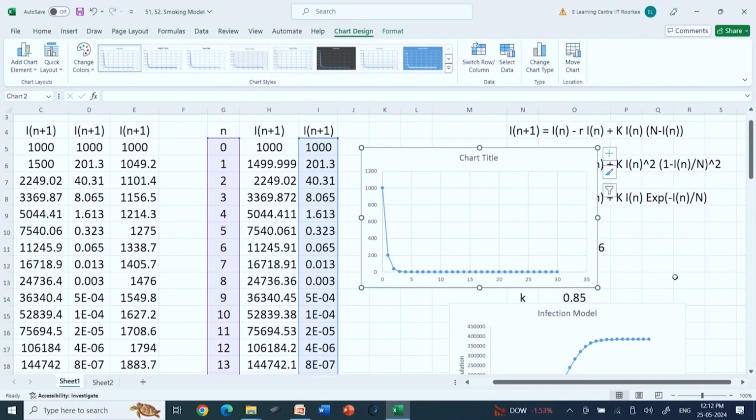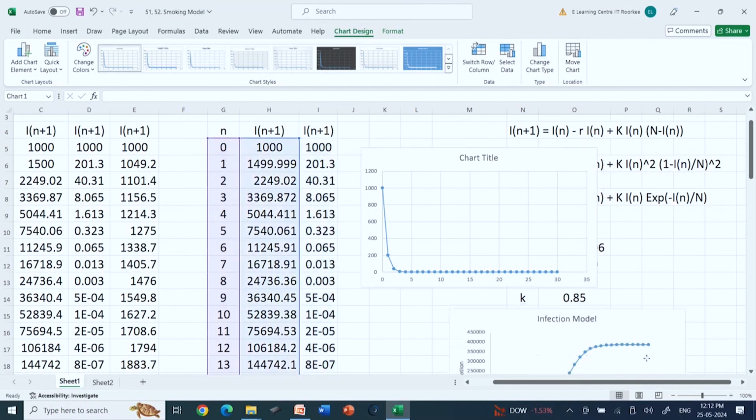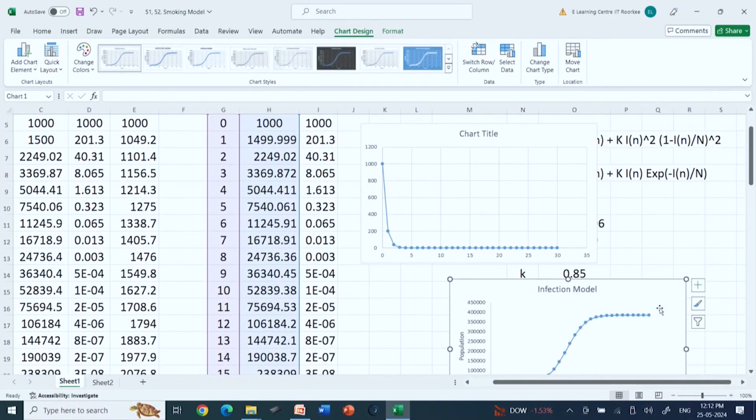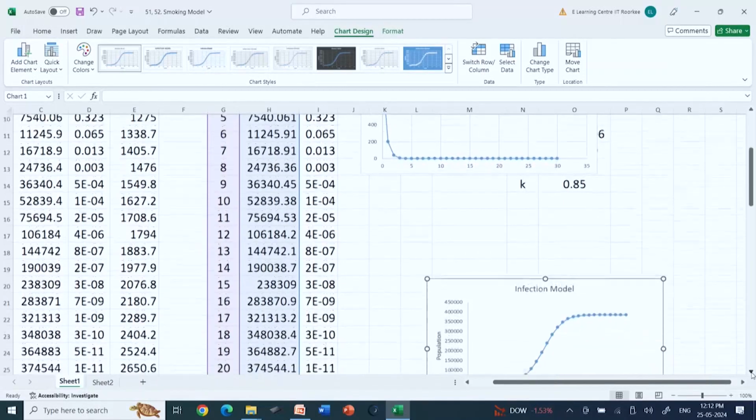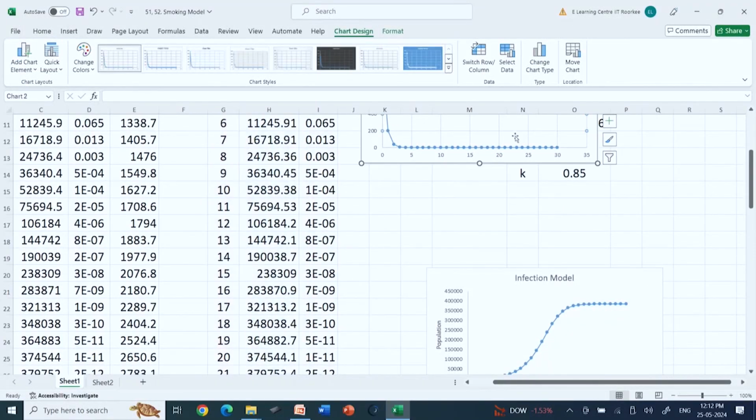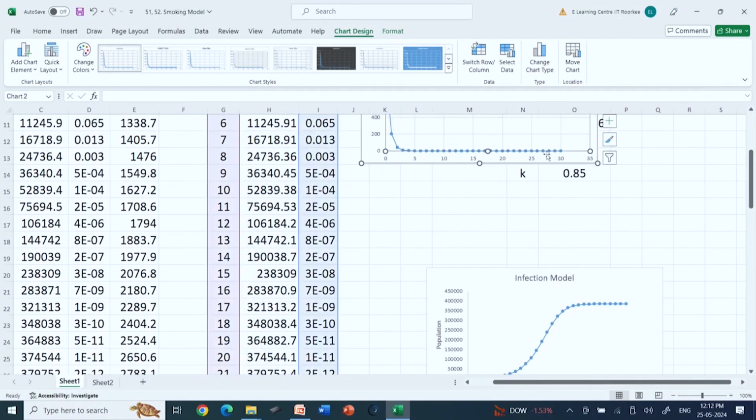Now, if you change anything, this will have an effect on the model. For example, say I want to change the value of k. Let us see how it affects the model.